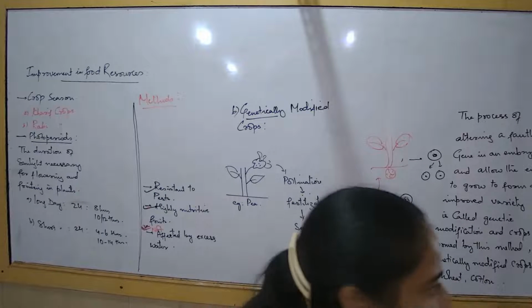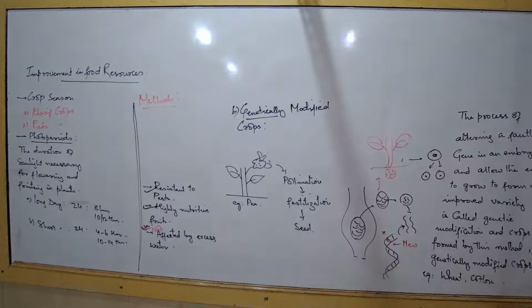If nutrients are not adequate, the plant's reproduction and growth will be disturbed. And next is susceptibility to disease.